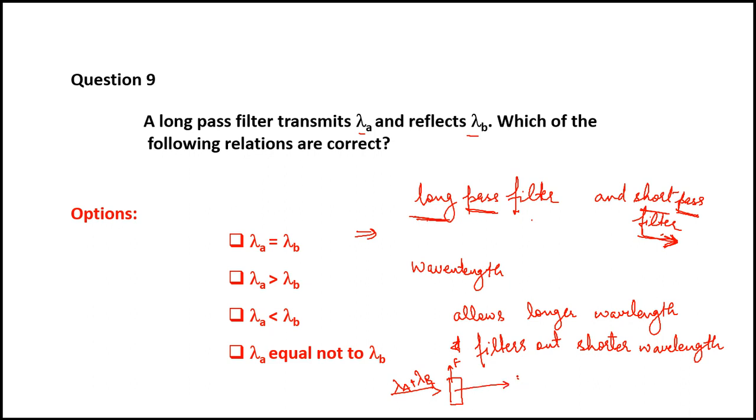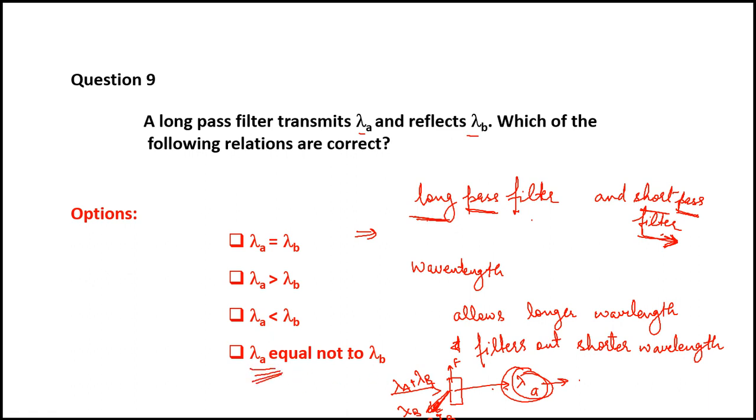It transmits lambda A and reflects lambda B, so it reflects lambda B out. The reflected light has gone somewhere or is absorbed. This we do not want, and this we want.